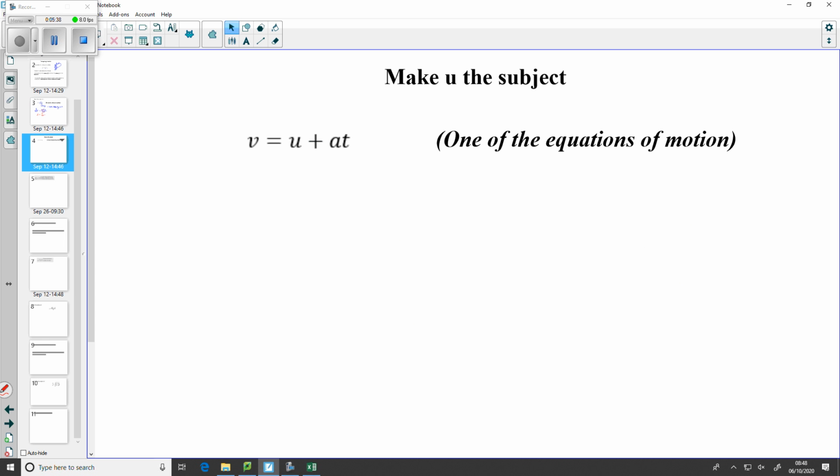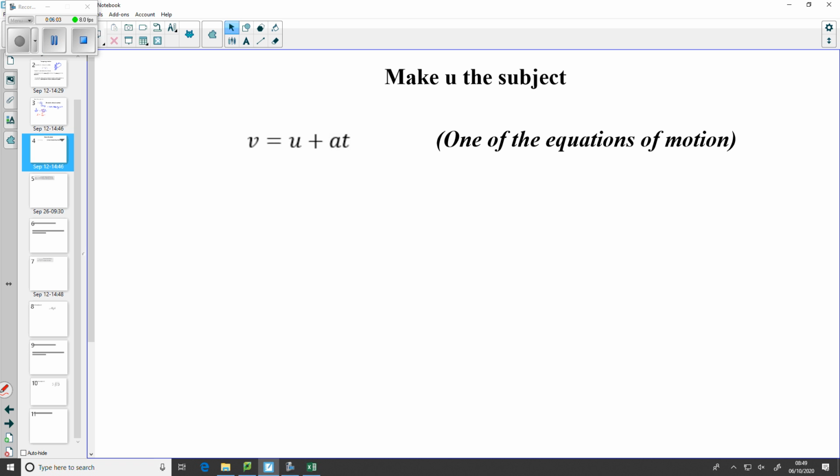So, a slightly different type of equation now, one that's got an addition involved. So this little v equals u plus at. Alright, well, v is the final velocity, u is the starting velocity, a is the acceleration, and t is time.